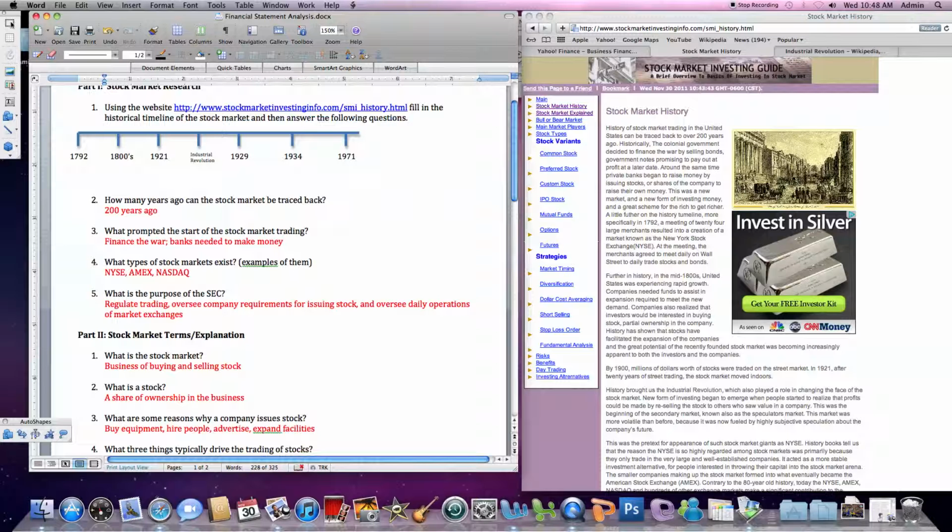The stock markets that exist today, there's more than just these 3, but these are common ones maybe you've heard of. You got the New York Stock Exchange, the Amex, and the NASDAQ.